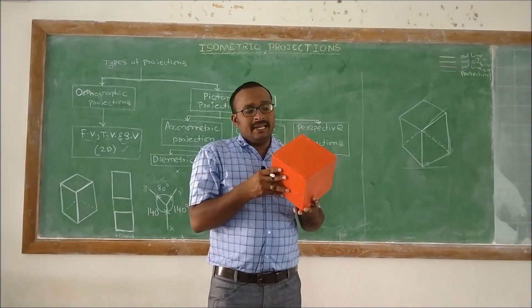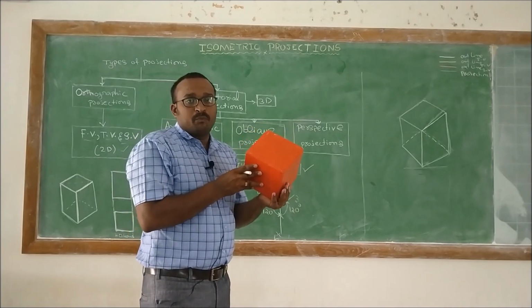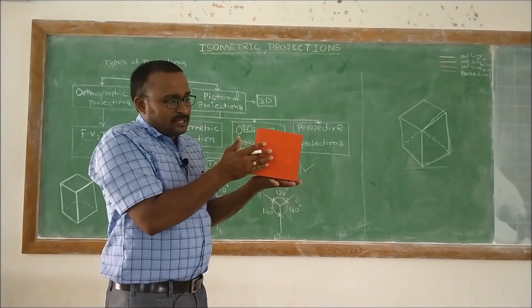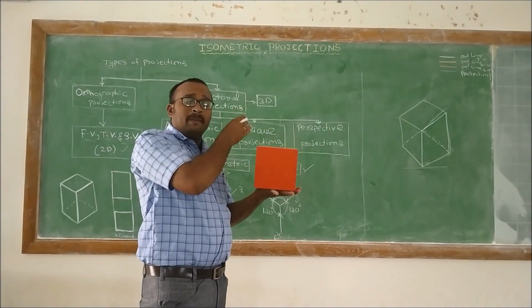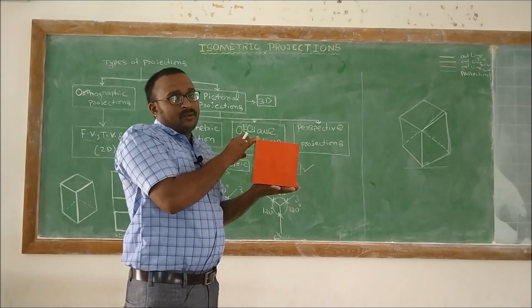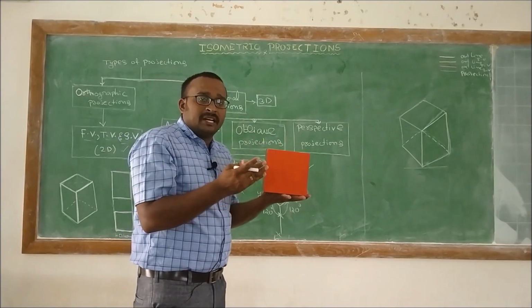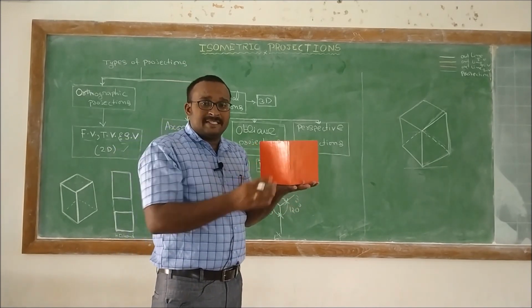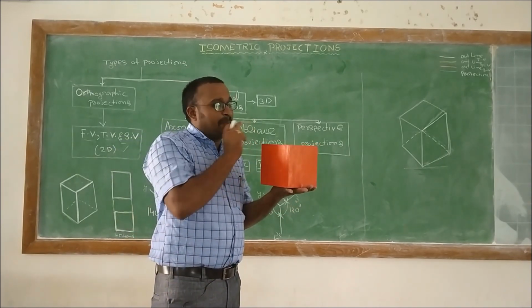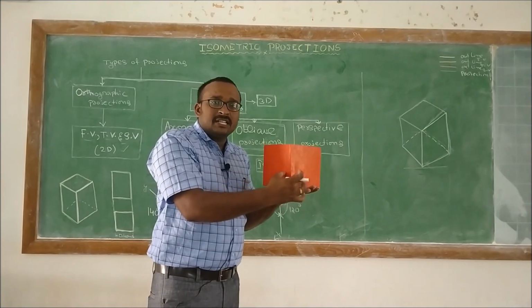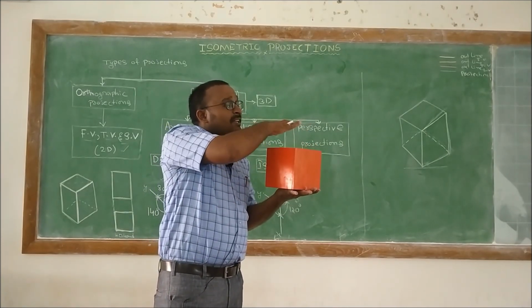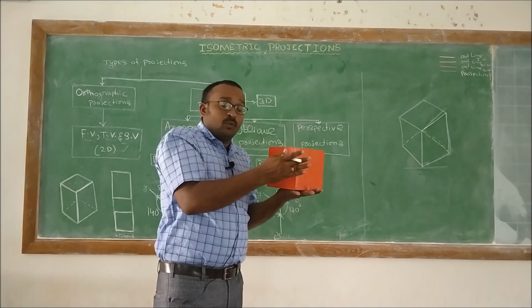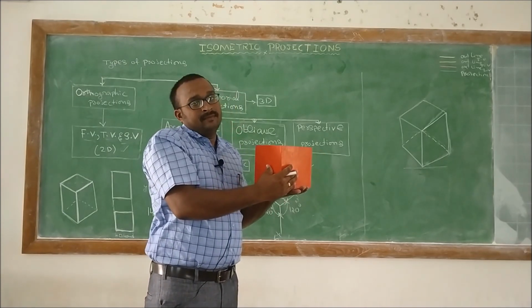But there is a problem with this projection. Whenever the surface is parallel to the VP, we get the true shape of that component. But here we rotate it at an angle of 45 degrees to the VP, so that these surfaces are inclined with the VP. So we don't get the true lengths, right?